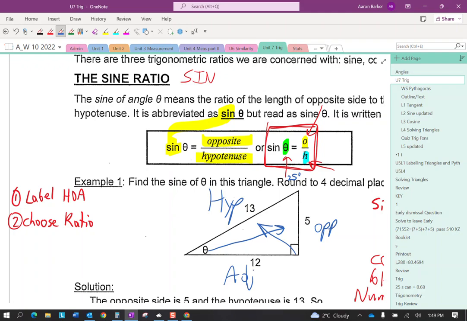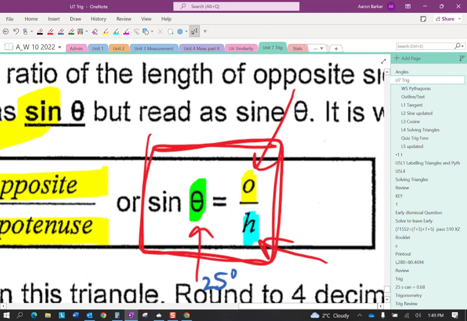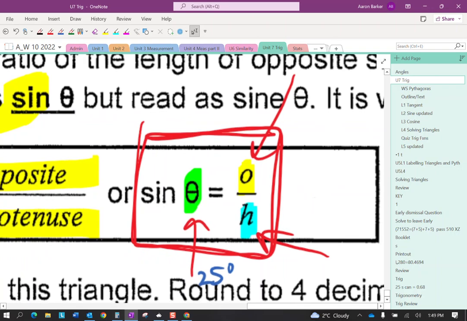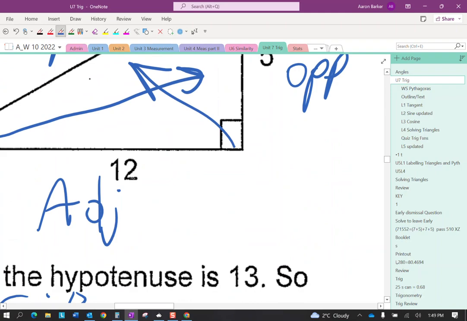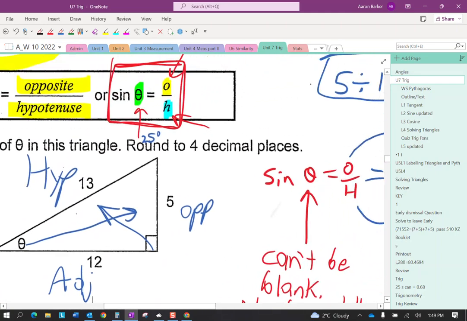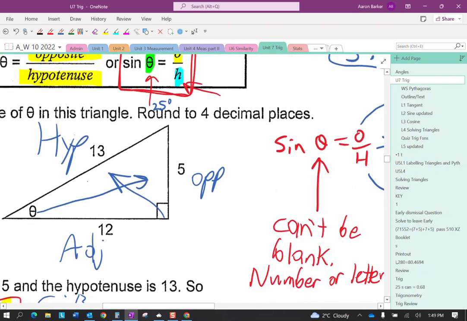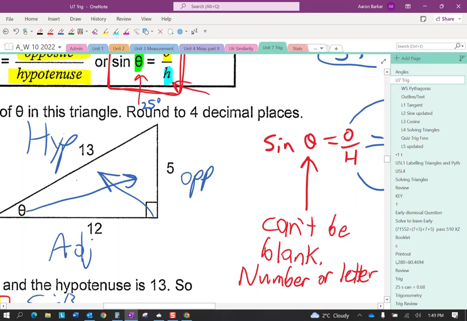Okay. So when you do your sine ratio, you start by writing this down. And then you have to fill in the 3 spots, the green spot, the yellow spot, and down at the bottom, the blue spot. Okay. So we're going to start by writing this down. And you'll notice that in between sine and the equal sign, you have to have a number or a letter.